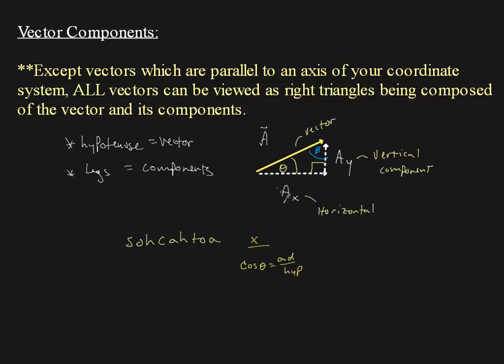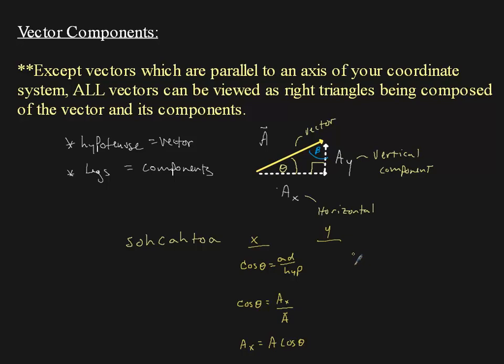Now, using the variables of our diagram, the adjacent side we're calling AX, and the hypotenuse we're calling vector A. Therefore, AX is equal to A cosine of theta.